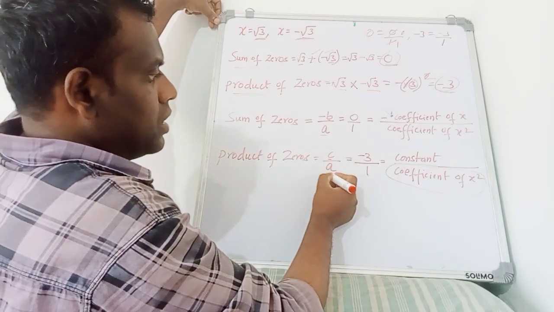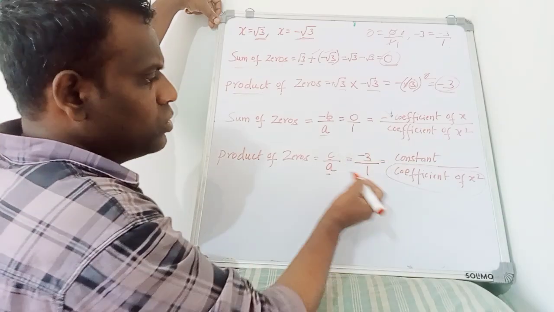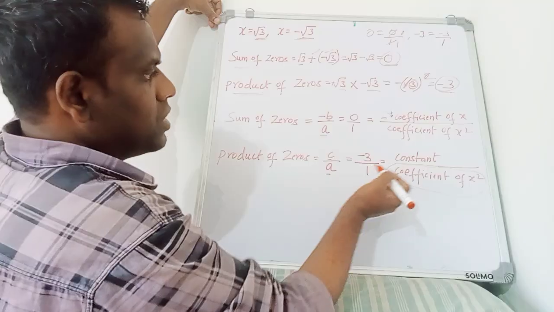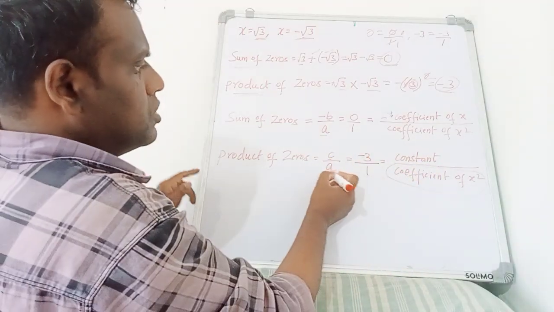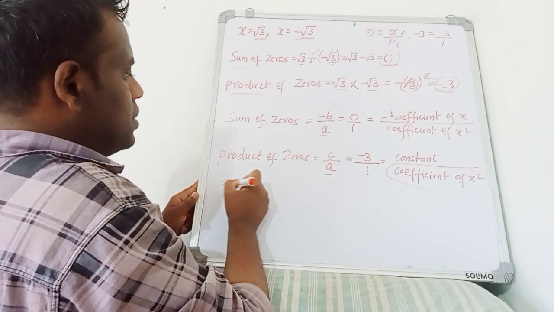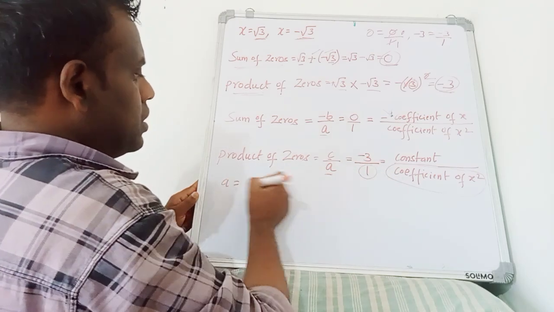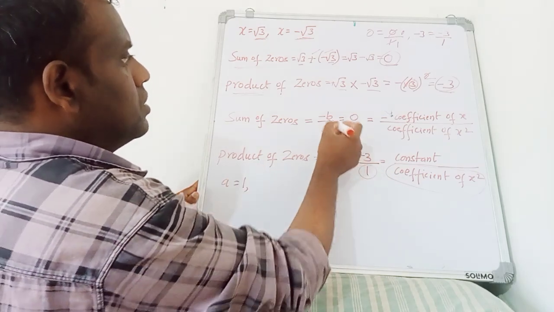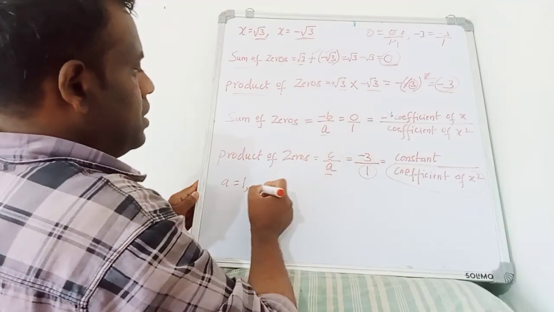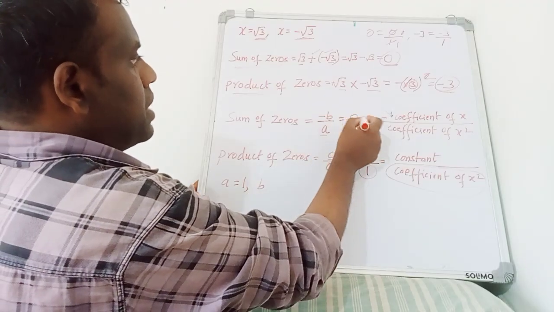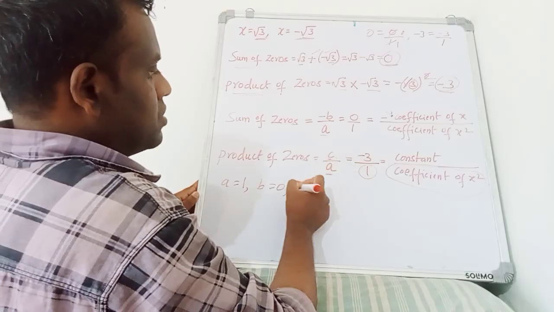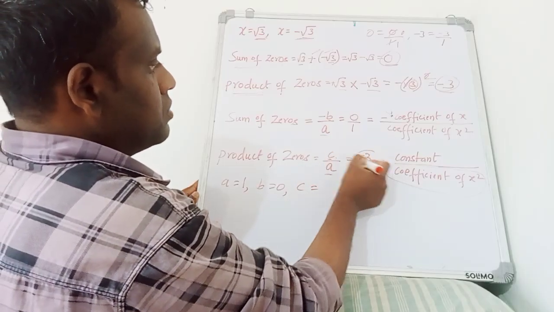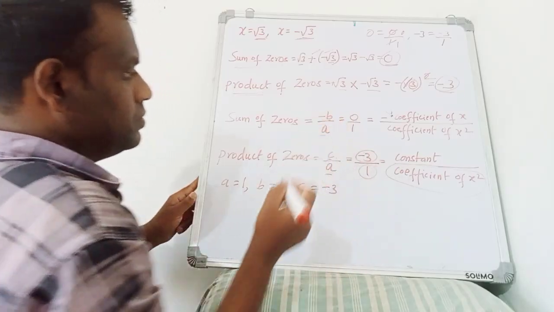You already know what A and C are. These are coefficients, C is the constant, A is the coefficient of x square. Just take A values. So A is equal to this one. Next B. If you take B, in place of B we have 0. Next take C. C is equal to, in place of C we have this minus 3.